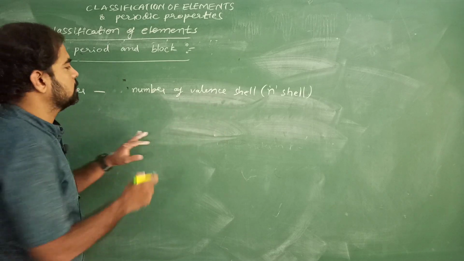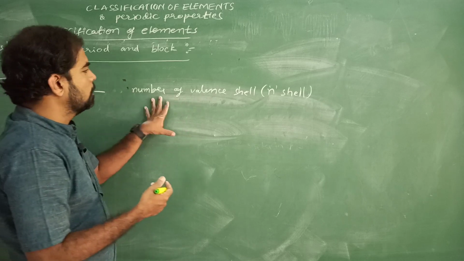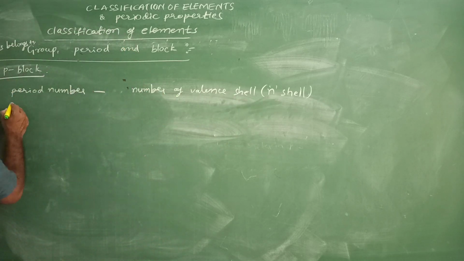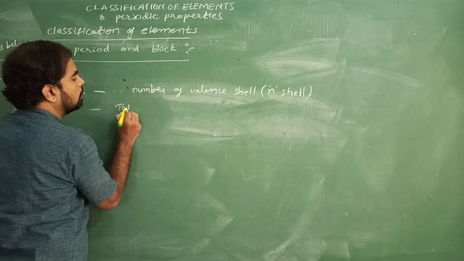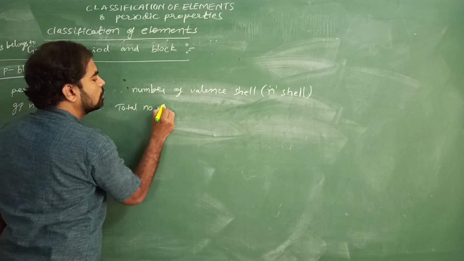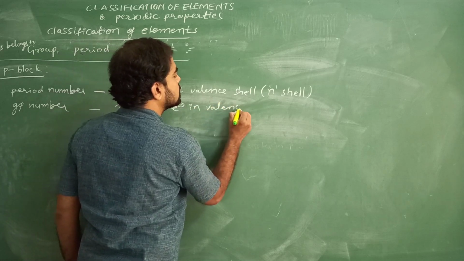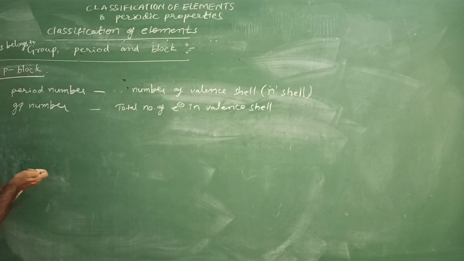The number of the valence shell means which number? It is the first, second, third, that is the valence shell. The valence shell is the period number. The group number is the same, the total number of electrons in the valence shell. Take one example.